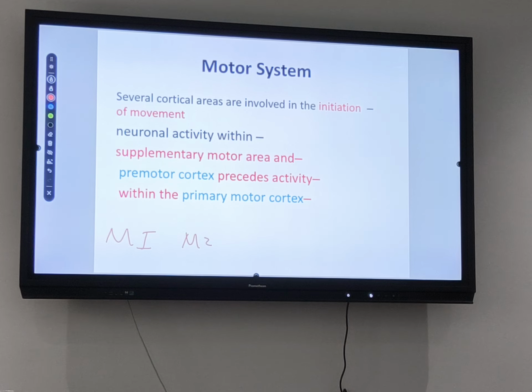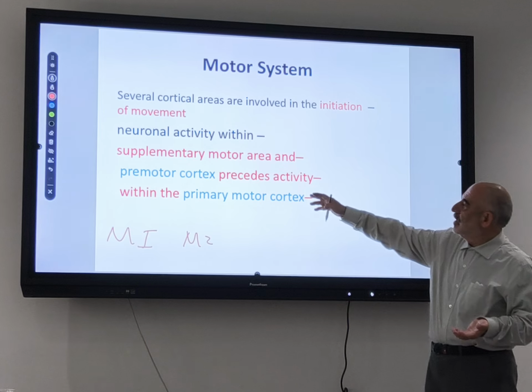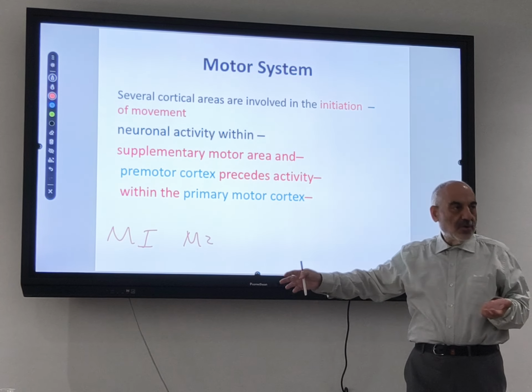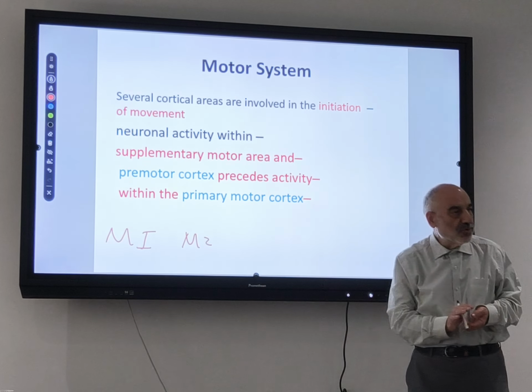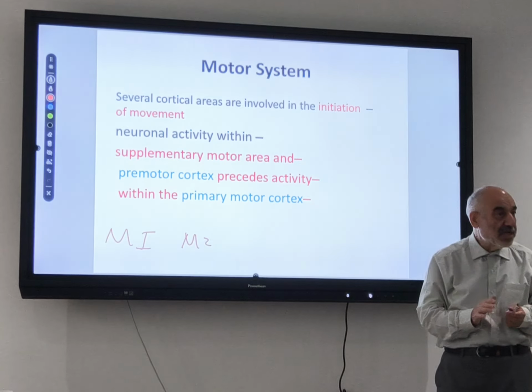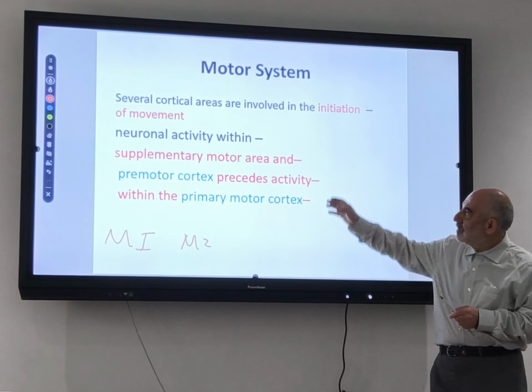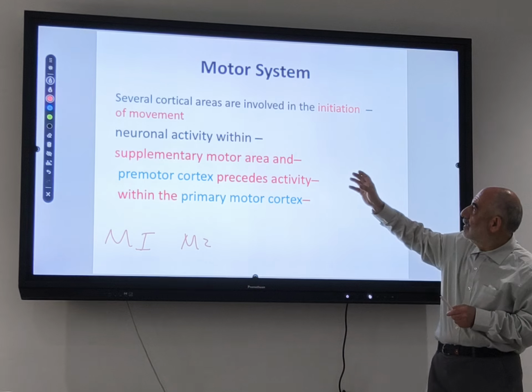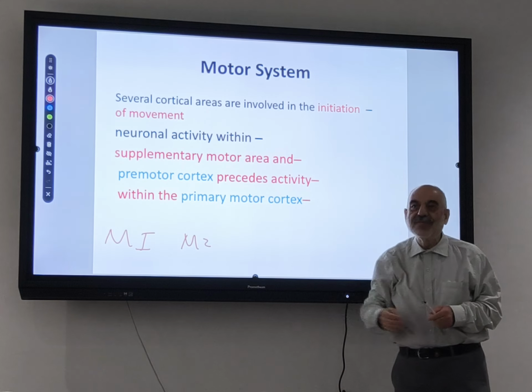One is the primary motor cortex, the other is the premotor cortex, and the other is the supplementary motor cortex. So, this is for initiation of any movement.